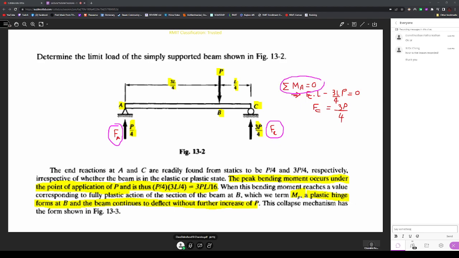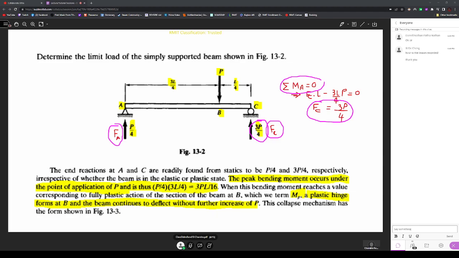Then we can write the moment due to the force Fc at A is Fc into L. Then the moment for the load P at A is 3L by 4 into P. So the distance multiplied by the perpendicular force. So from this, you can see that the reactionary force acting at C is 3P over 4.